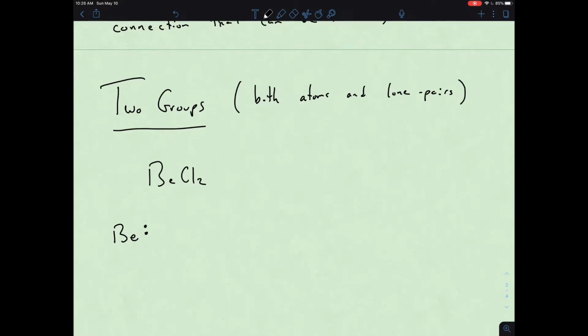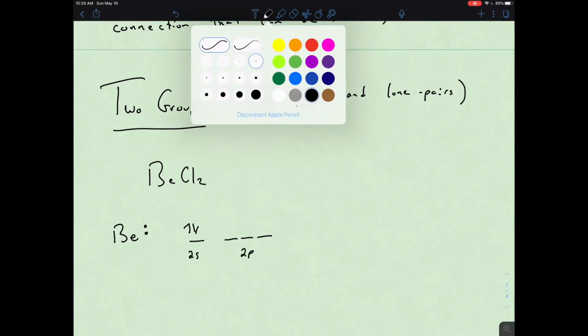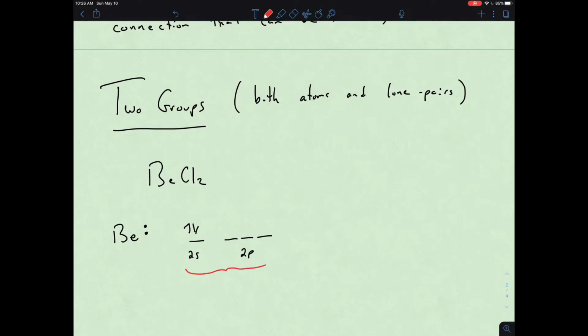If we consider beryllium from the periodic table, its valence shell of electrons is the 2s. Right, and this is the configuration that we have.